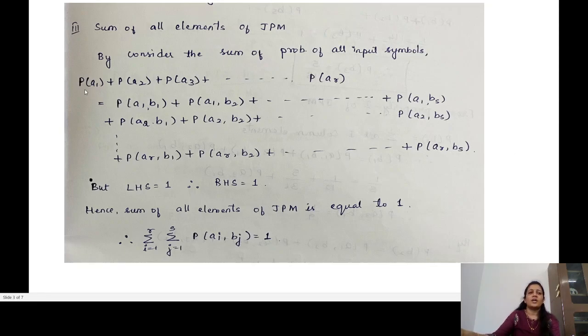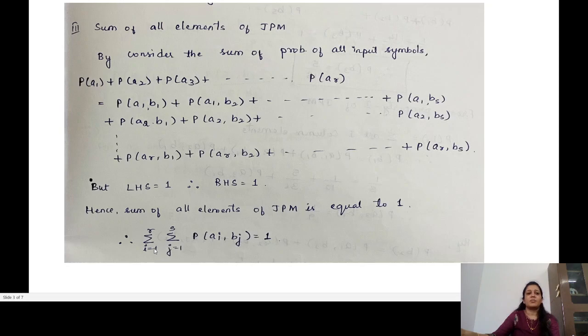However, I know that P of A1 up to P of AR, that is my left hand side value, is always equal to 1. Since this left hand side is always equal to 1, I can easily state that the sum of all these elements present in my joint probability matrix is always equal to 1.